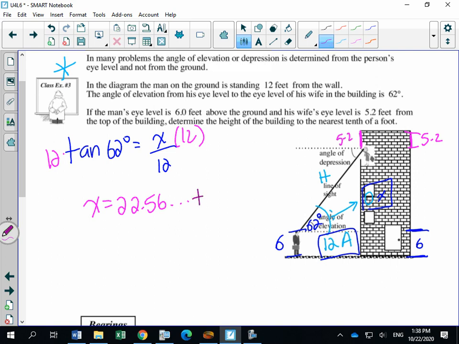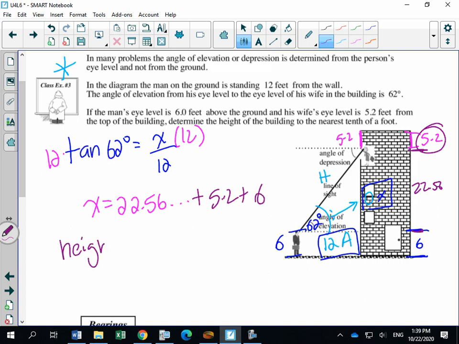To that, I'm going to do what Sebastian said. So he said, if I'm finding the height of the building, I've just now found this piece, which is 22.56. The height of the building would be that piece plus the 5.2 plus the 6.